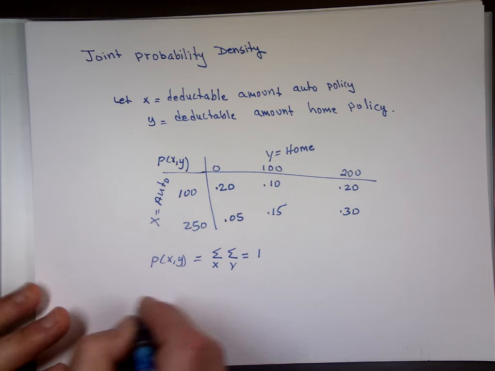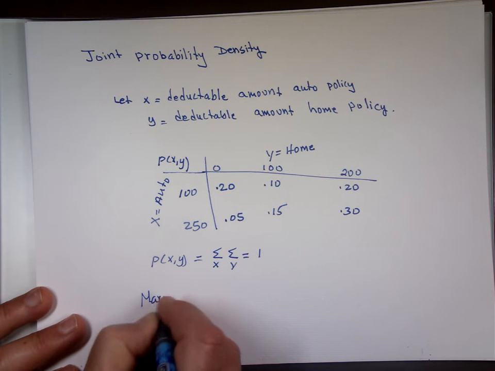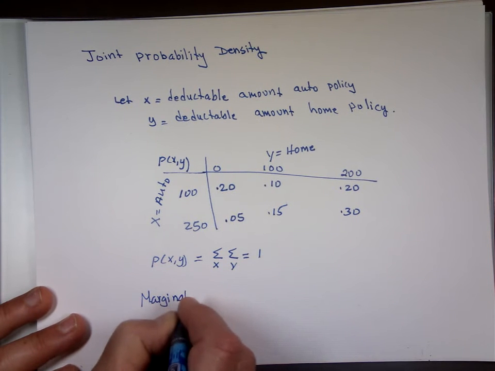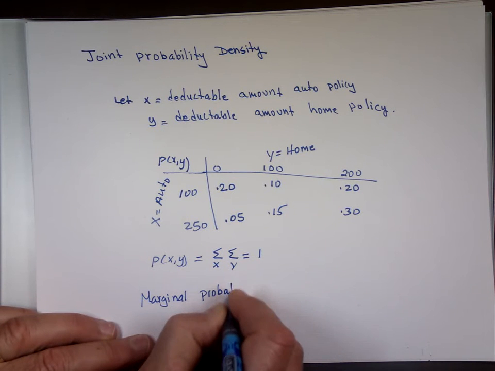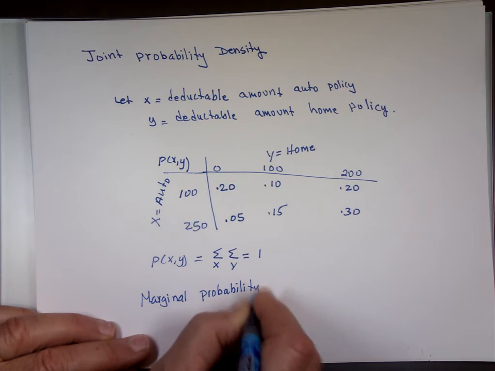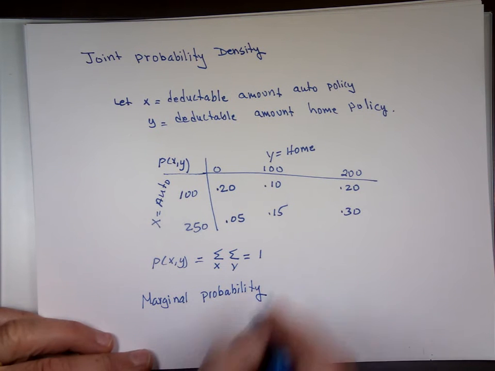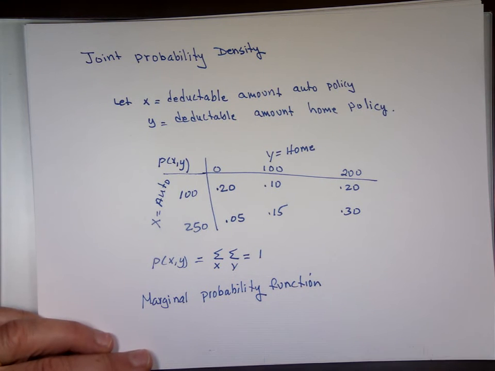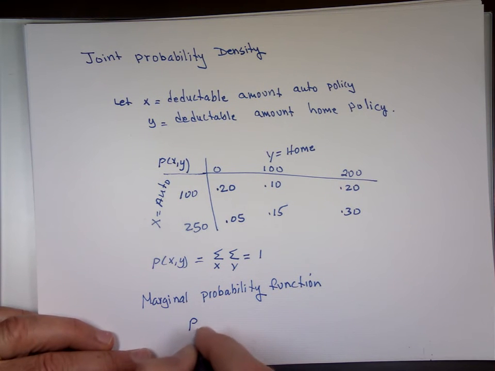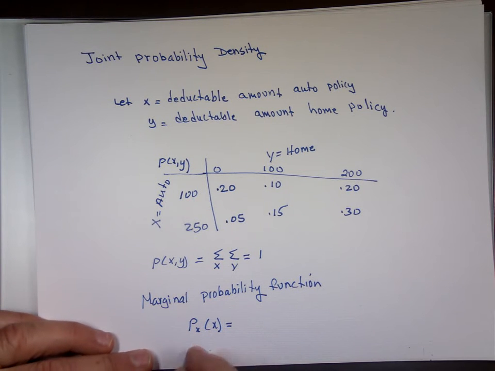Now let's look at something called marginal probability or density, which means, can you give me a breakdown of the probability for X only, or what's the probability for Y only?